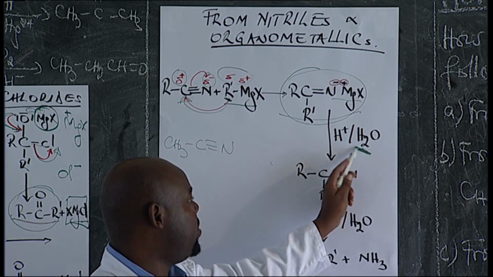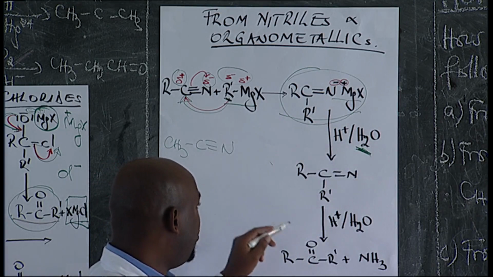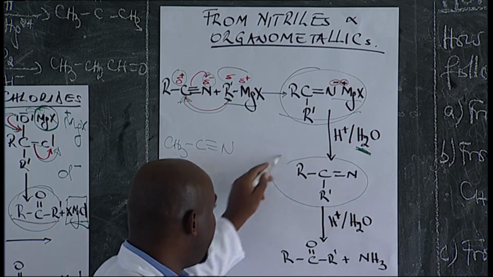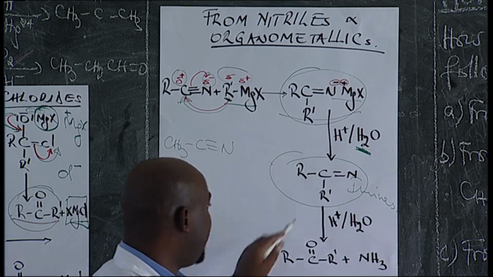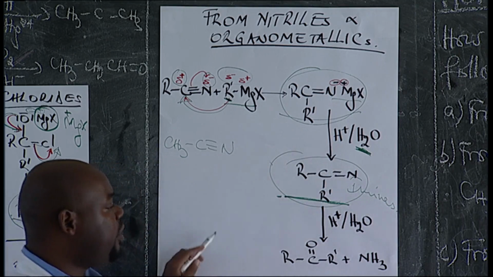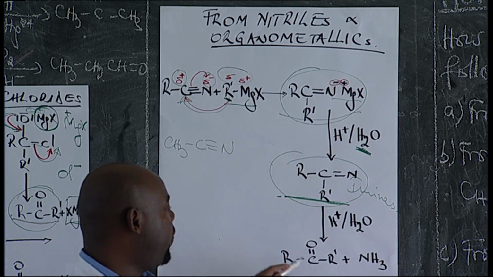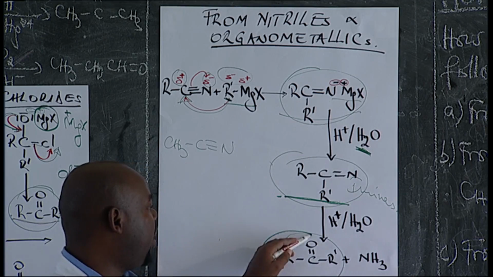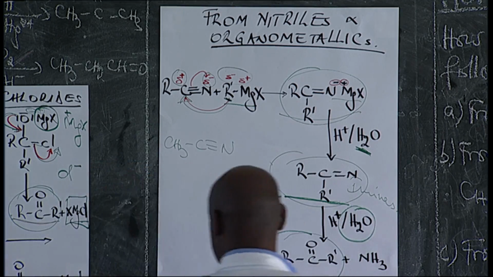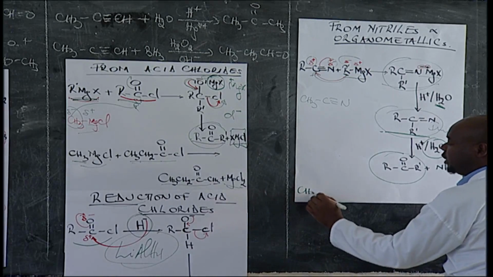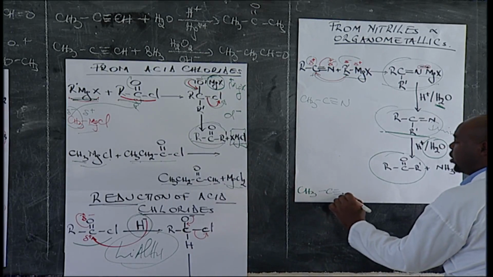hydrolysis means reacting it with water. We produce this imine. But it is also an intermediate product which will give us the ketone we have here once it is also hydrolyzed. So we can take the example of CH3CN.